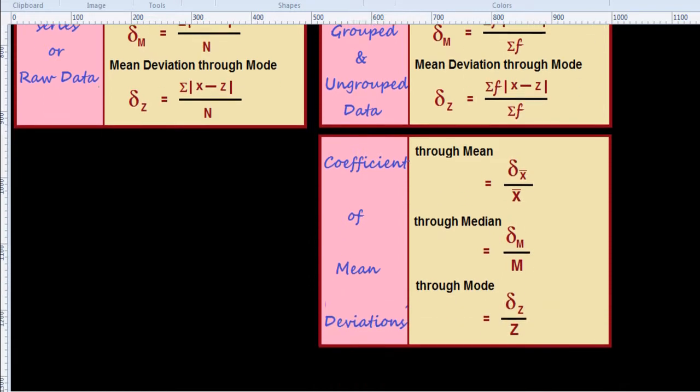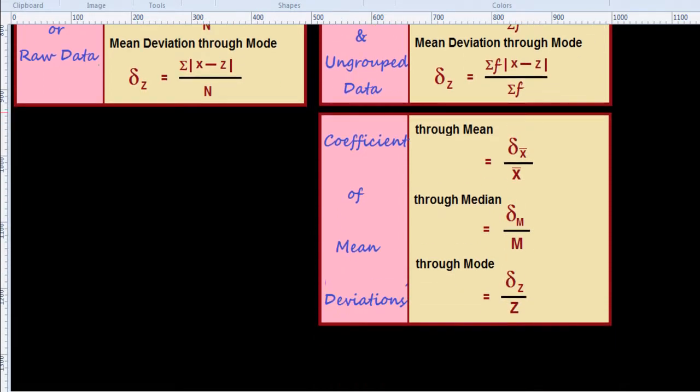Now look at the relative measure of mean deviation, which is the coefficient of mean deviation. Through mean, the coefficient of mean deviation is equal to delta x bar over x bar. To find the coefficient of any mean deviation, we put the mean deviation in the numerator and divide it by the corresponding mean, whatever the average.